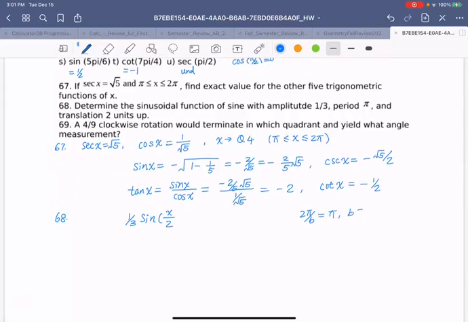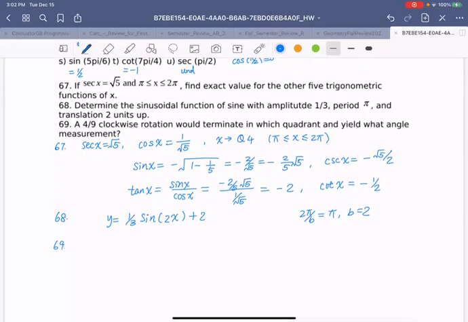So b equals to 2. Oh, okay. Hold on. It's 2x. Is there any phase shift? There's no phase shift. There is a 2 units up. So that's it. Correct?